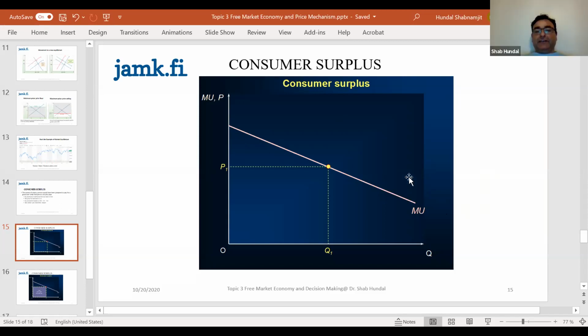Why do you think this curve is downwards? Is anything wrong with it? Remember the concept of marginal utility, that as you consume more and more of the additional units of the same product, then your willingness to buy it more declines.